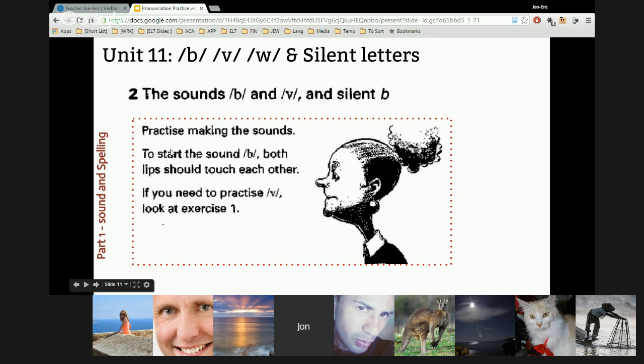Let's remember, to start the sound B, both lips should touch each other. It's important. If you need to practice, you can go back to exercise 1 to look at the V, but the most important thing about the V is it should be a little bit longer than you think. Your teeth need to touch behind your bottom lip. That's another thing to remember.